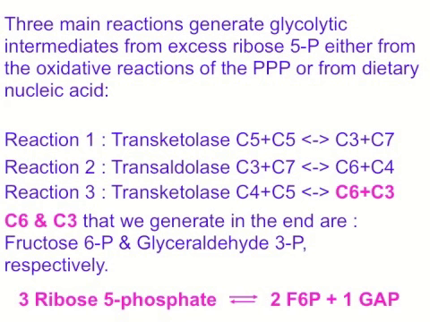The C6 and the C3 carbon sugars that we generate in the end are fructose 6-phosphate and glyceraldehyde 3-phosphate, respectively. And so the overall scheme of this portion of the pentose phosphate pathway is we're going to use 3 ribose 5-phosphate molecules to yield 2 fructose 6-phosphates and 1 glyceraldehyde 3-phosphate.